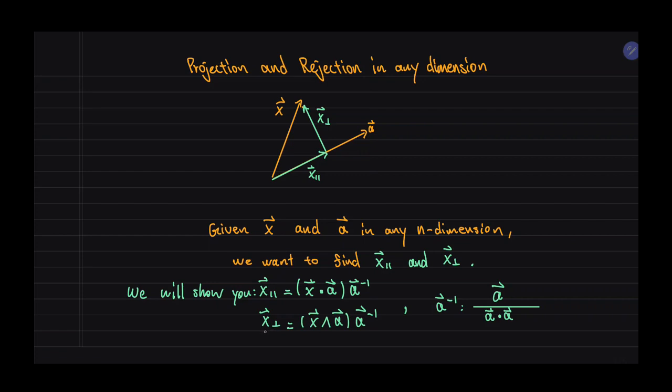For the vector x perpendicular, it is equal to vector x wedge product vector a, and then close parenthesis, geometric product with inverse of vector a.